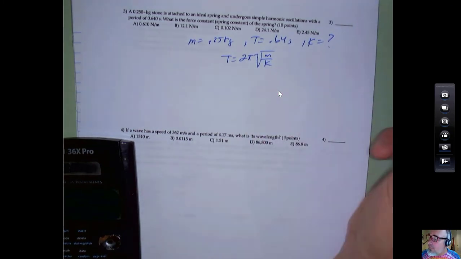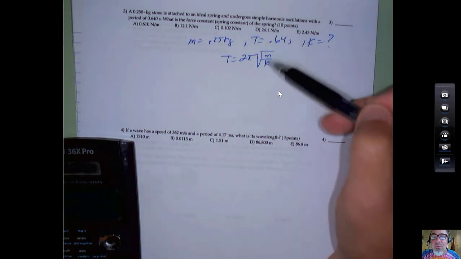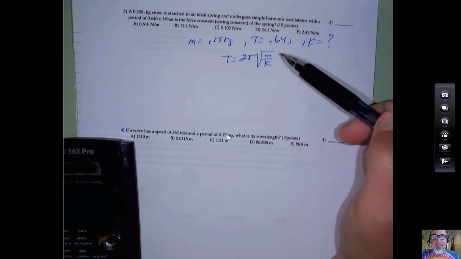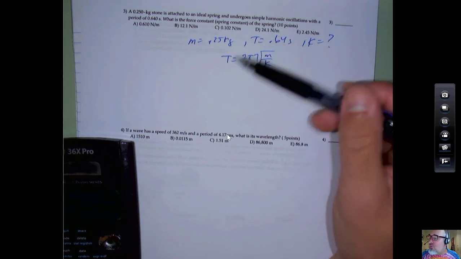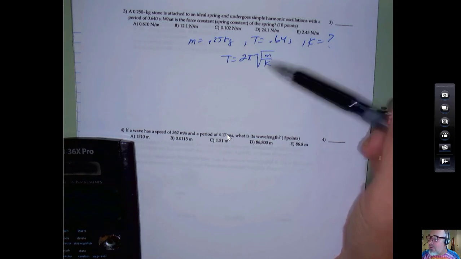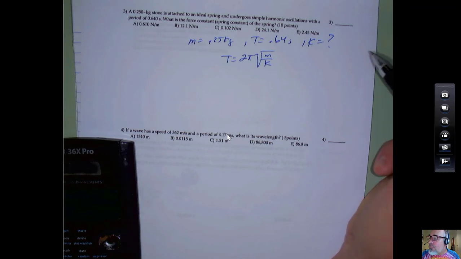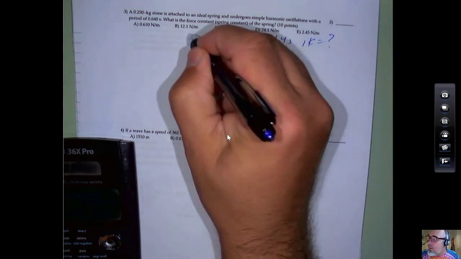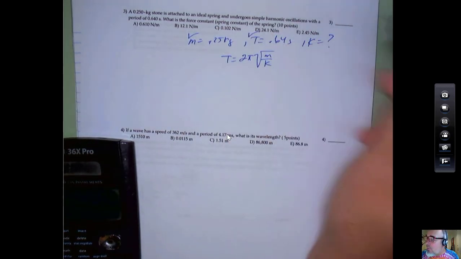The period is 2 pi square root of m over k. If you notice, the amplitude's not in this formula. The period just depends on the mass and the spring constant. Not kinetic energy, spring constant. So here we're given the mass, we're given the period, and we want to find the spring constant.